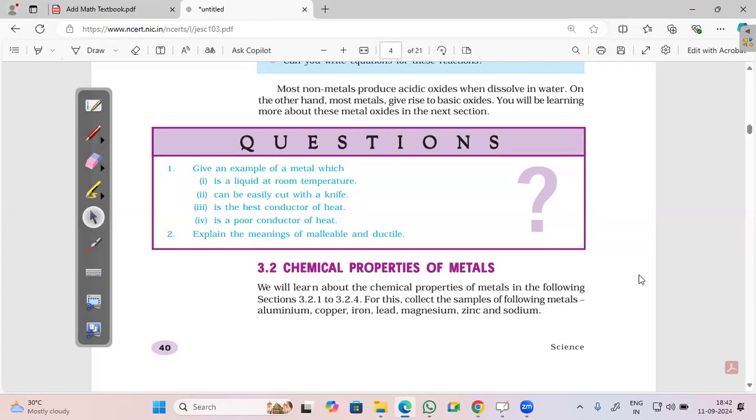We would like to move on to the chemical properties of metals also. I think everyone is clear with the physical properties of metals and non-metals.